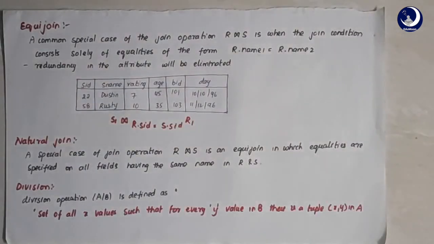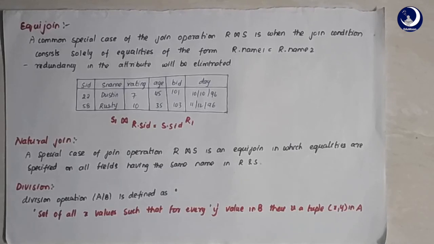Now let's look at natural join. It is a special case of join operation between R and S. It's a variant of equijoin in which the equalities are specified on all the fields having the same name in R and S. It just refers to all the common names that are in R and S, right?